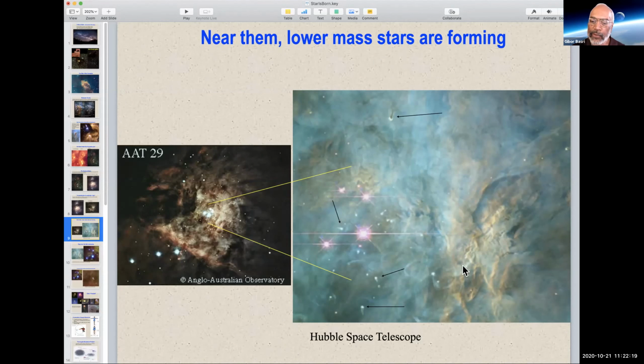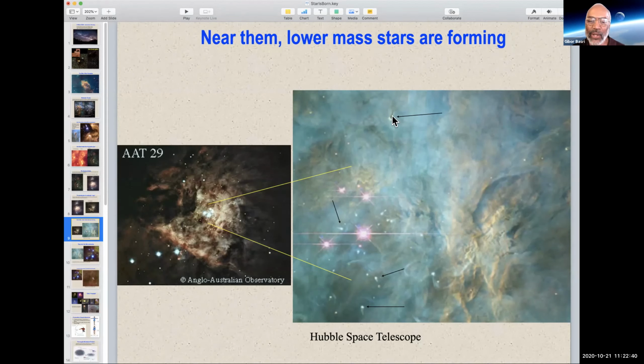Remember, that's the surface of this molecular cloud as it's being eroded by the stars. And if you look carefully, you can see some interesting objects. Here's one here. Here's one here. They look like little windsocks. And the windsocks are pointing away from this star.